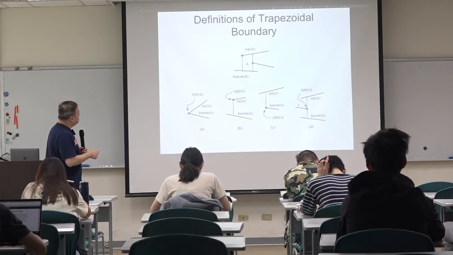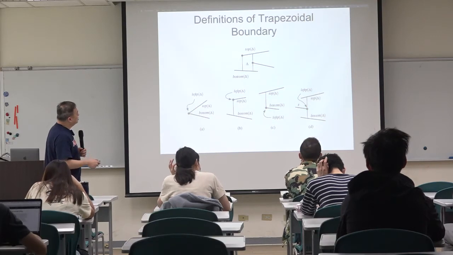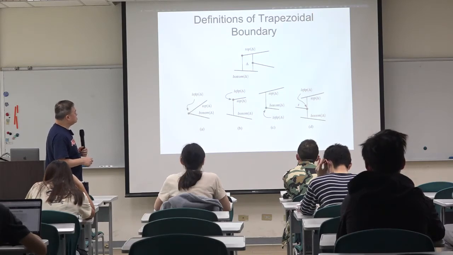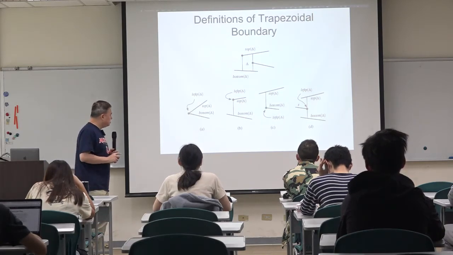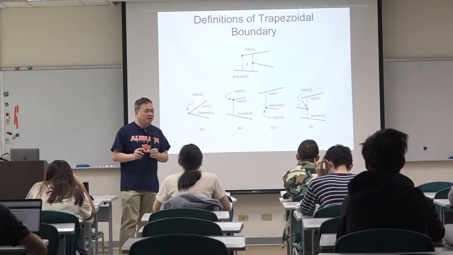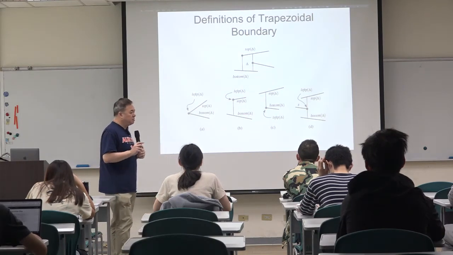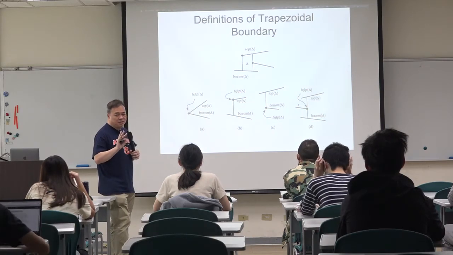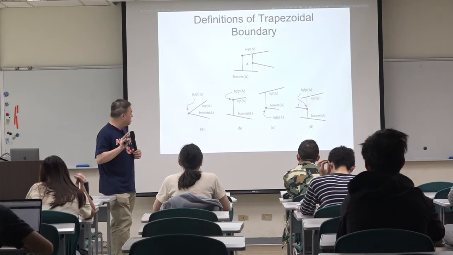Let's take an even closer look at this trapezoid boundary. In particular, let's look at the left point. There are four situations in which the left point can appear.